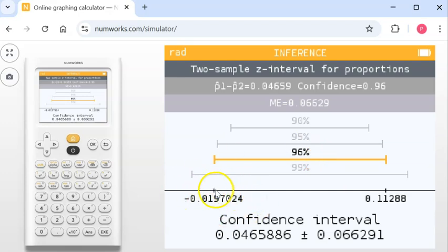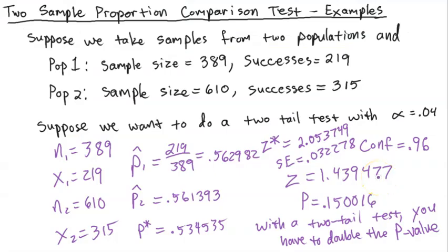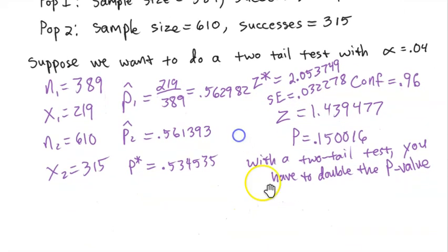Here's our interval, -0.0197024 and 0.11288. So this number and this number, that's our confidence interval. So we would write that somewhere. I don't know, let's scroll down maybe.